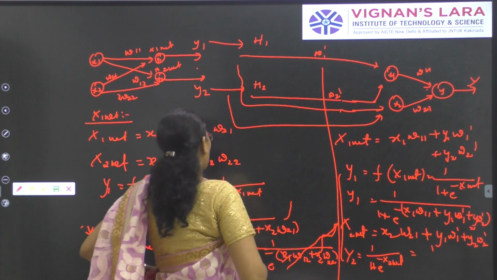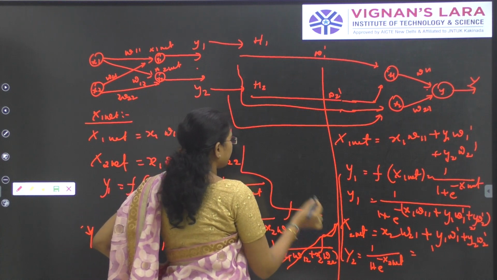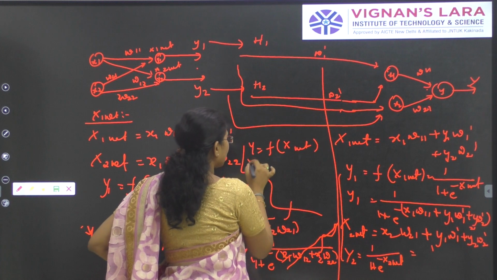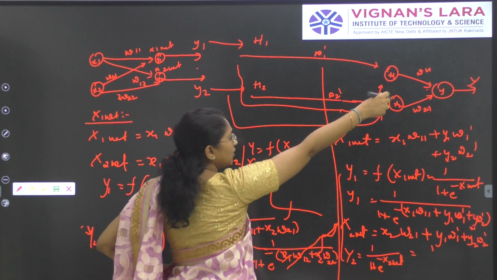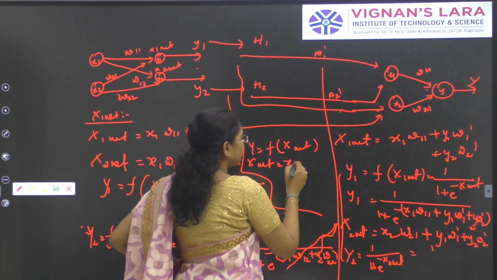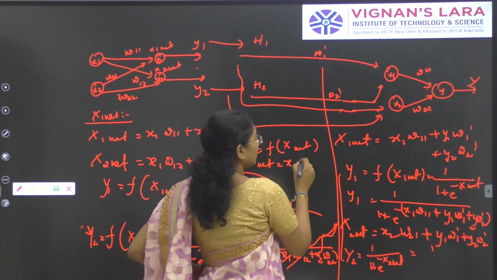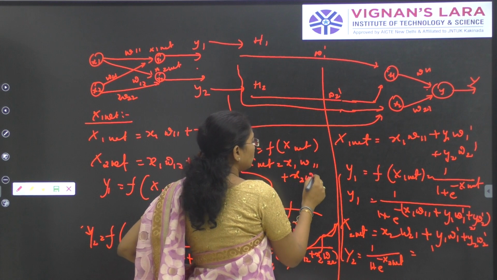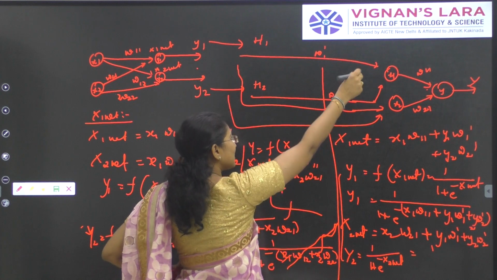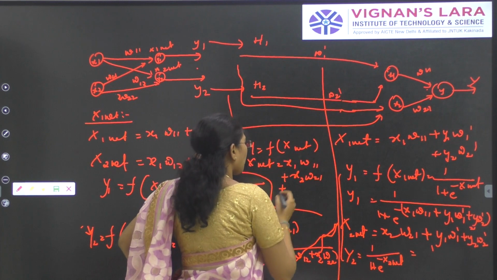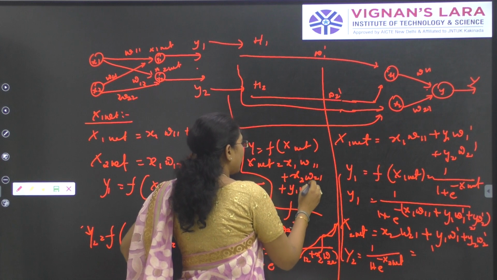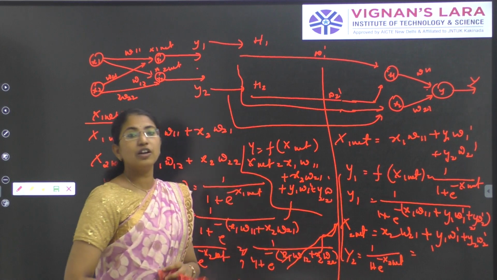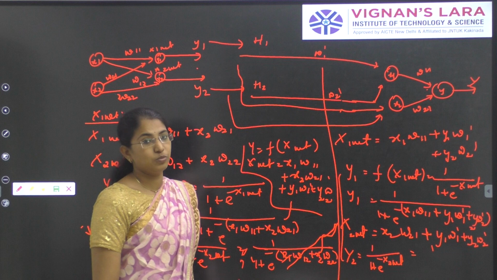If you are having only one output, how will you calculate y? It is f of x net. What is your x net? x1 into w11 plus x2 into w21 plus, with the two additional inputs, y1 into w1 dash plus y2 into w2 dash, is your new x net for the new set of inputs.